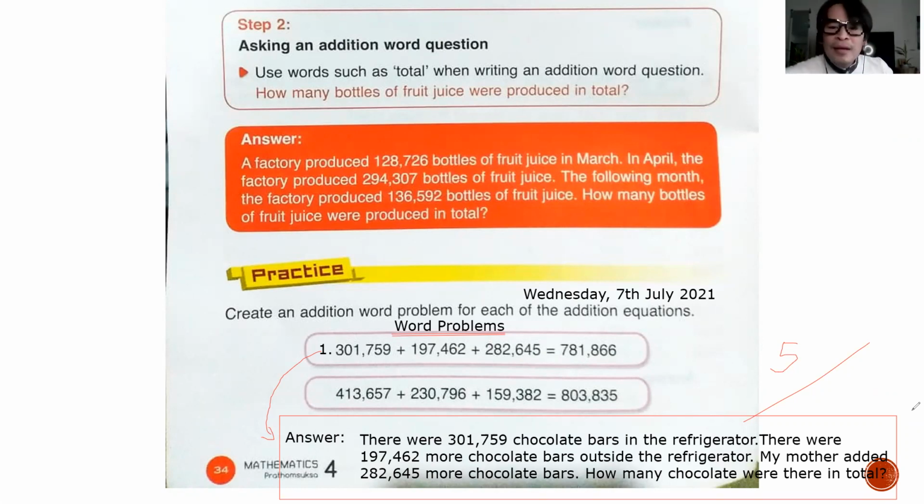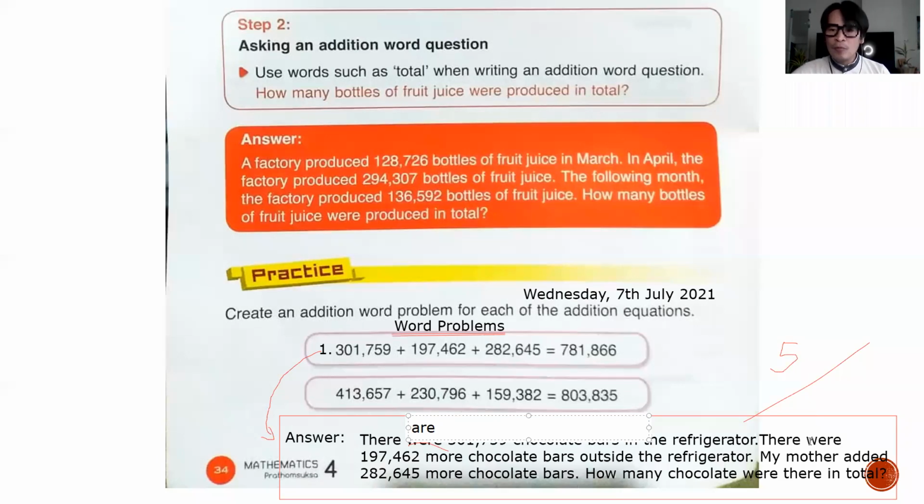Listen, students, this is very important. If your construction is in present tense, for example, instead of "there were" you want "there are", you change "were" to "are", A-R-E.